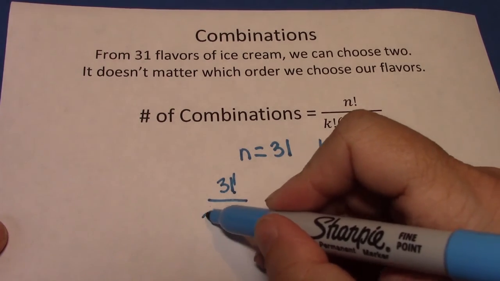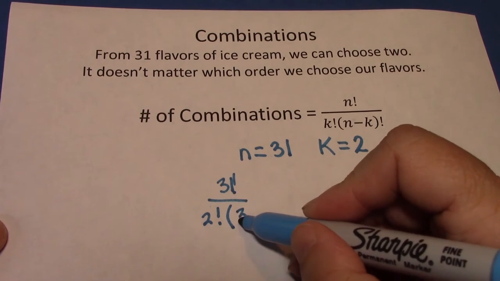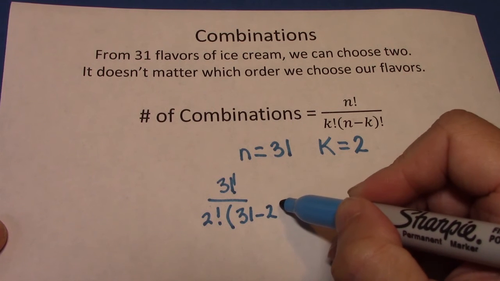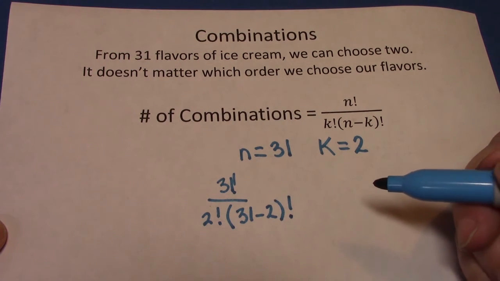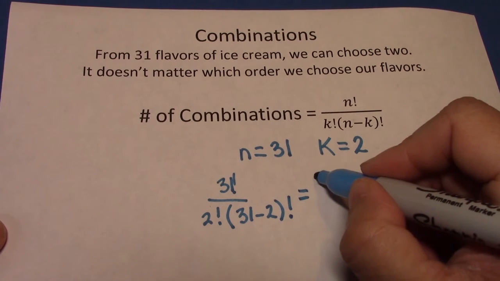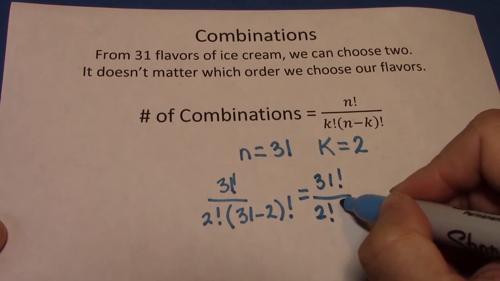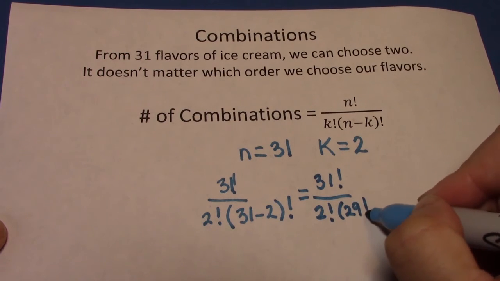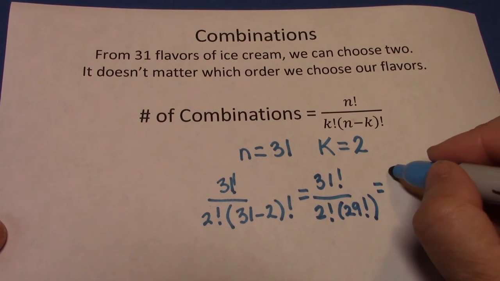divided by k factorial times n minus k factorial. That still looks kind of confusing, but it's not. When we write this out, we don't have to write it out all the way.